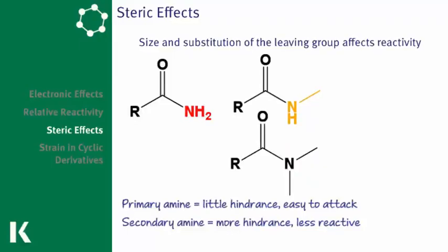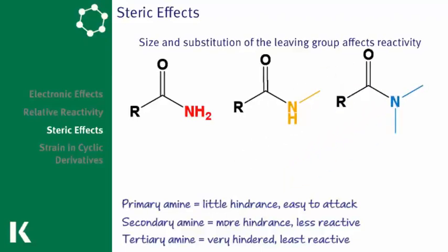And as you could have predicted, the least reactive amide contains the tertiary amine, whose 2 methyl groups present even more steric hindrance, making interaction between the carbonyl and an attacking nucleophile even more difficult. Just as we showed with the number of electron-withdrawing and donating functional groups, acyl compounds' reactivity can be predicted based on the degree of steric hindrance in the leaving group.